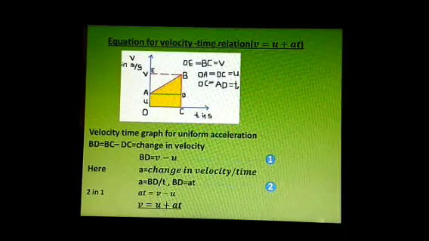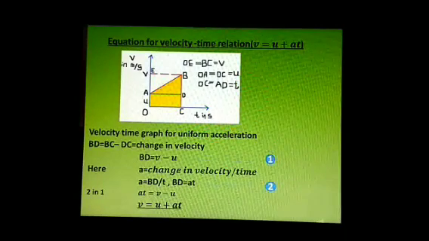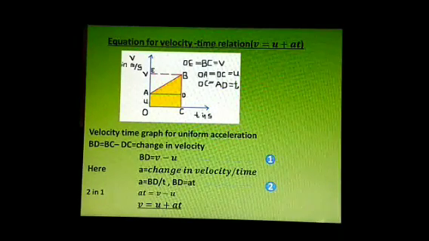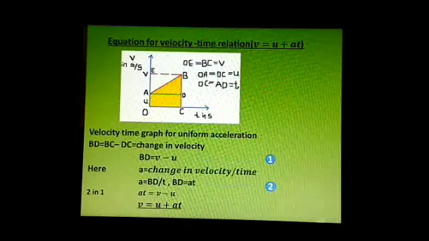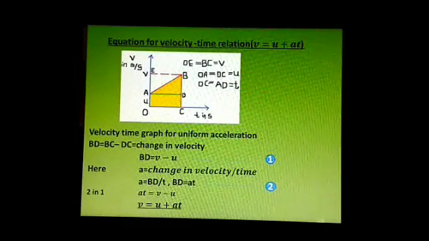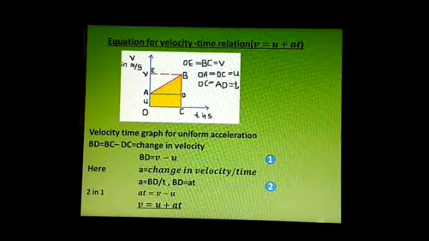Here acceleration of the body is equal to change in velocity divided by time. Acceleration A is equal to BD by T. Then BD is equal to AT. It is equation number 2. Then equation 2 in 1 gives AT is equal to V minus U, and V is equal to U plus AT.